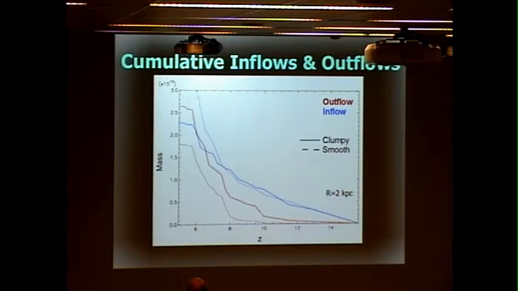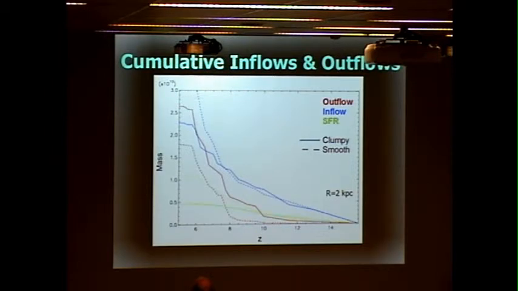Here, though, we're looking at the inflow, and until later times, the inflow is the same, whether you're talking about the smooth accretion or the clumpy accretion model. You just don't have enough feedback energy being blown out to do any of this. But once you get to later times, about when the black hole starts reaching a self-regulated phase, then you're able to start suppressing the inflow in this clumpy accretion model. So we're not only driving outflows, we're also able to start stopping the inflow of gas onto the black hole.